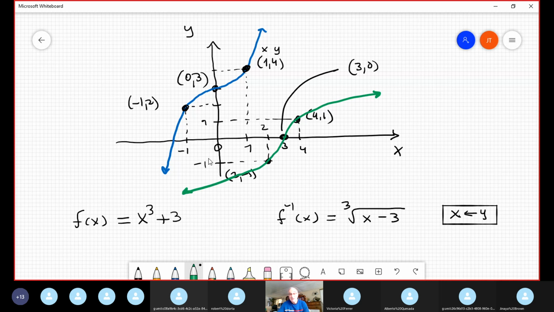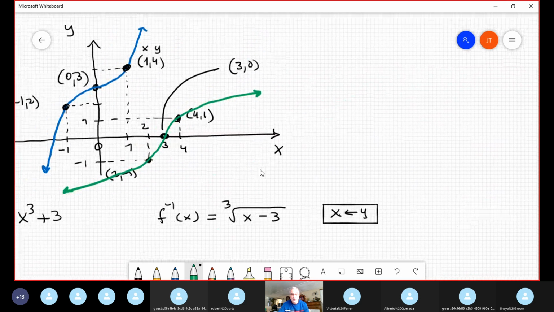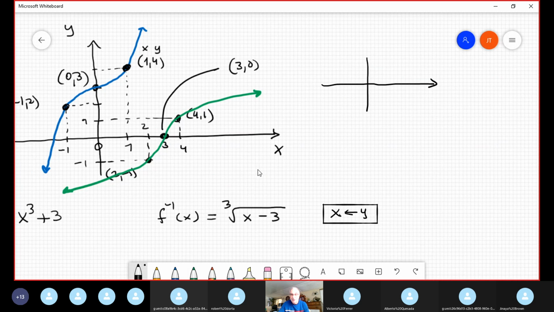Okay, and it makes sense because I know the graph of the cubic root function, from when we studied the library of functions, the equation and graph of the cubic root function, looks like that. It's y equals cubic root of x.